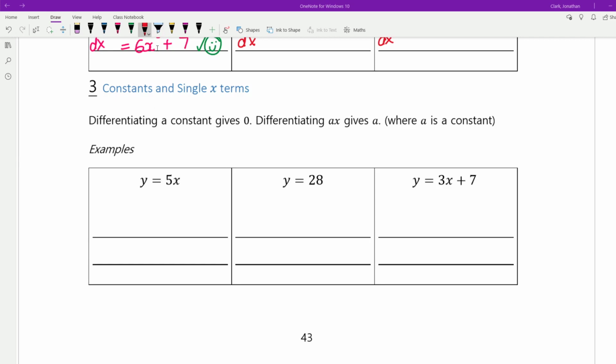Okay, and finally, let's talk about constants and single x terms. Now, we've kind of dealt with one of these already because we dealt with something that had a 7x in it just up here. So you might already expect an answer for 5x. There's a few ways of thinking about it. You could either call it y is 5x to the 1, in which case you would get this.